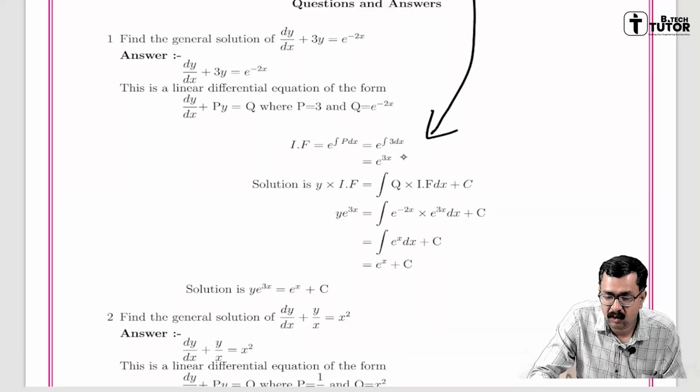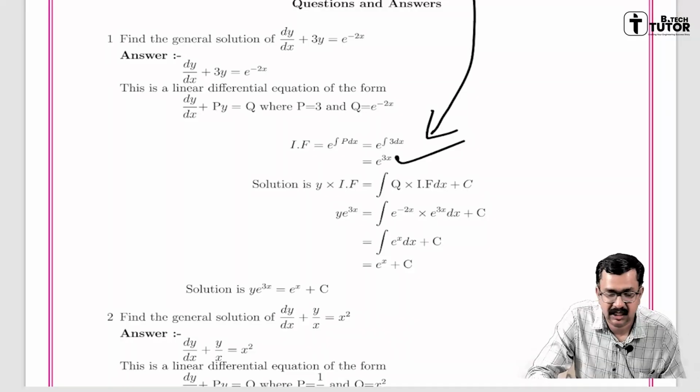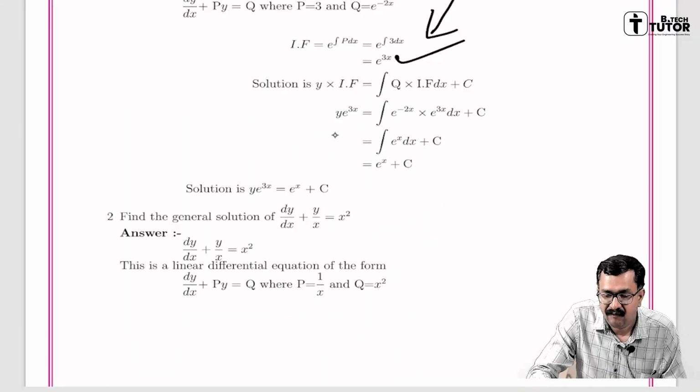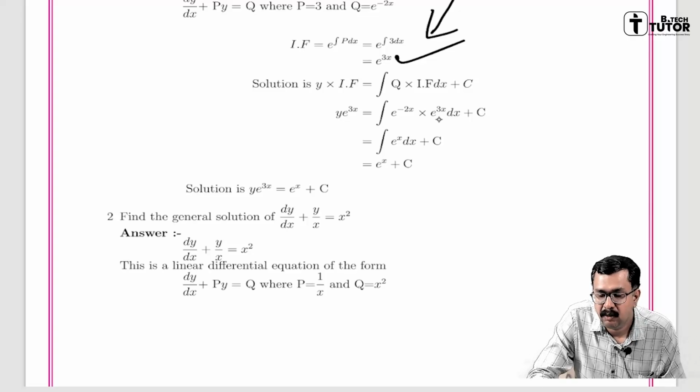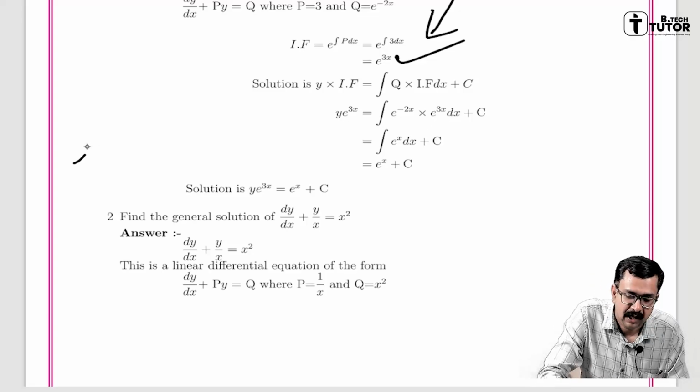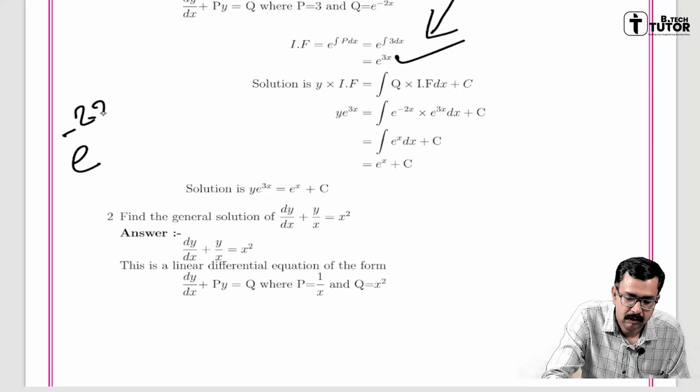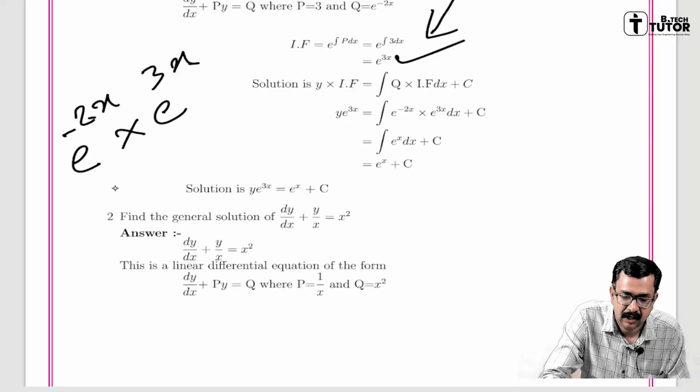Okay, what is our IF? Our IF is e raised to 3x. Therefore, the answer is y into e raised to 3x equal to integral of e raised to minus 2x into e raised to 3x dx.